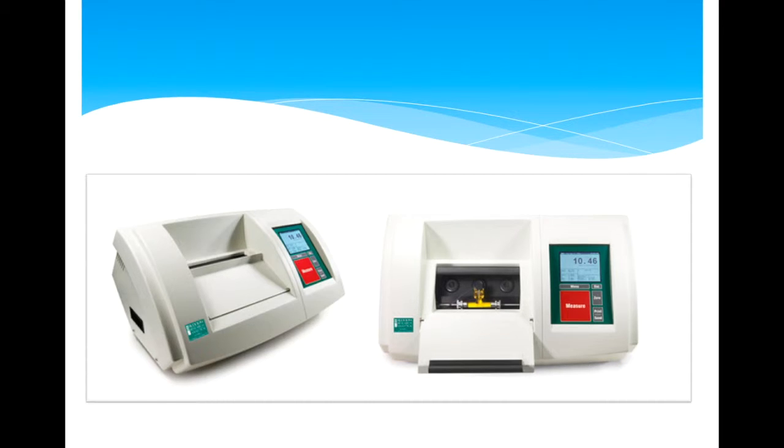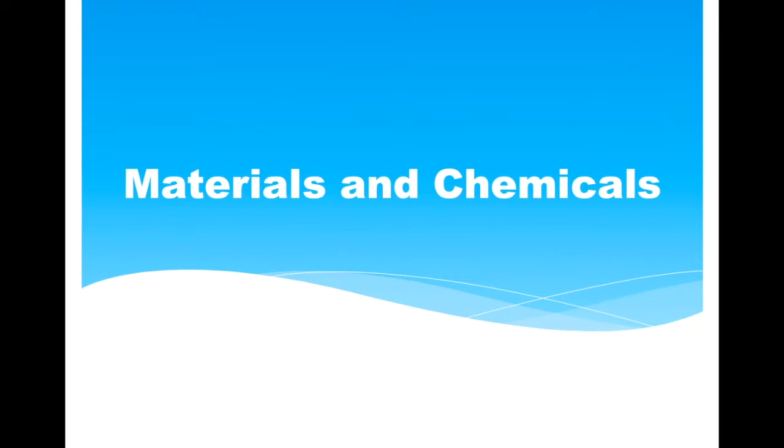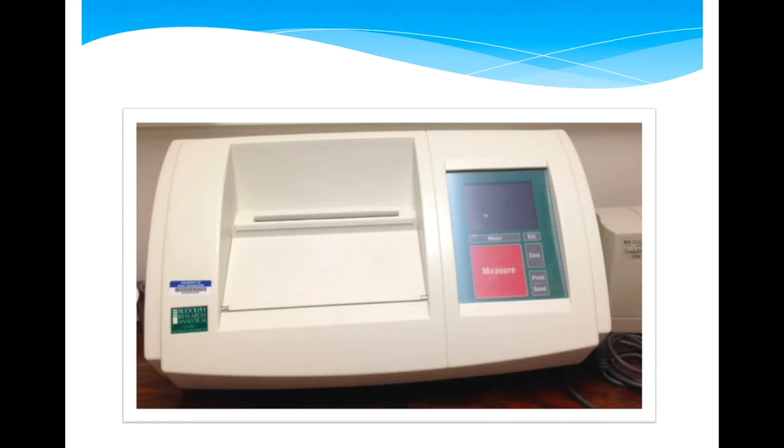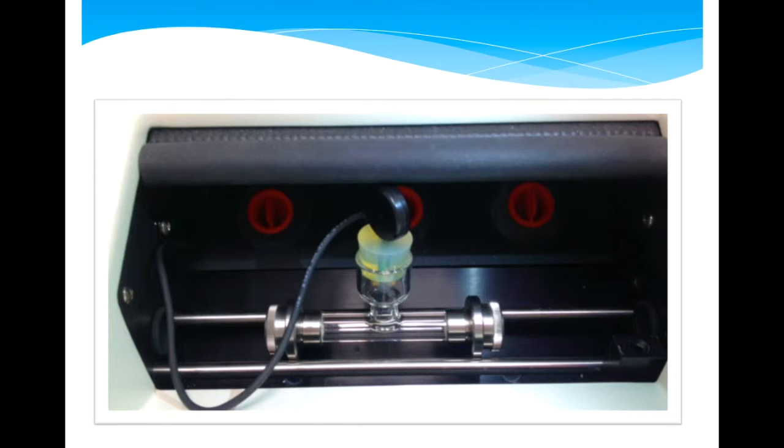This video will help you to become familiar with using the polarimeter. The materials and chemicals needed for this experiment include the Rudolph Research Analytical Autopol 1 polarimeter. The sample chamber is to the left of the instrument panel.